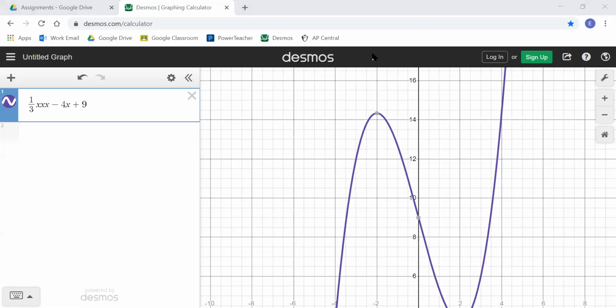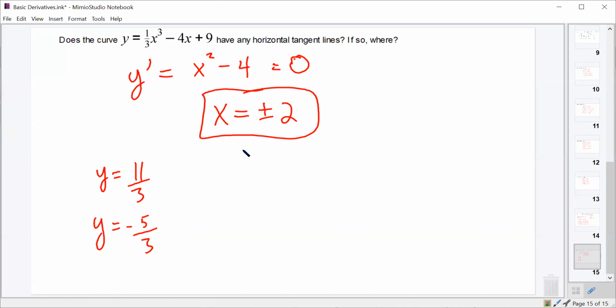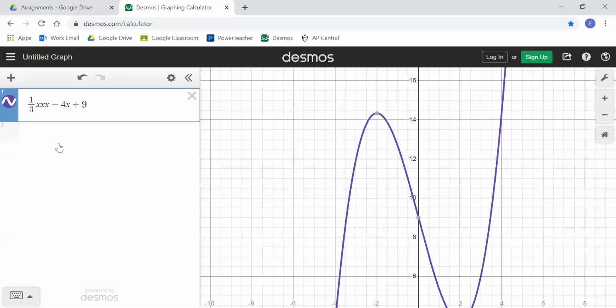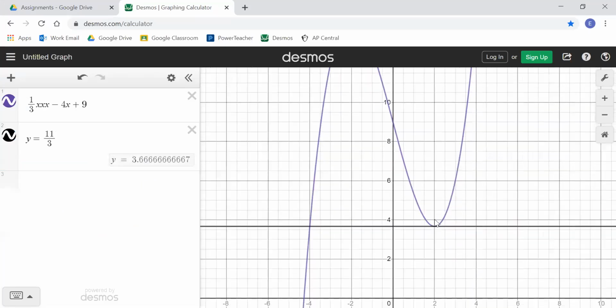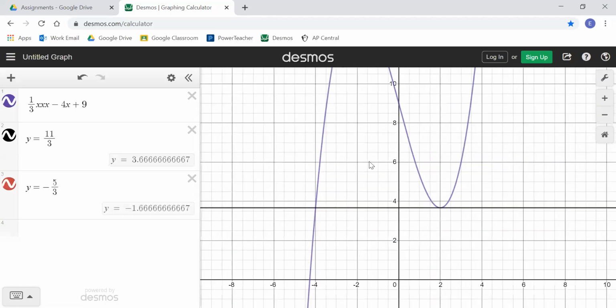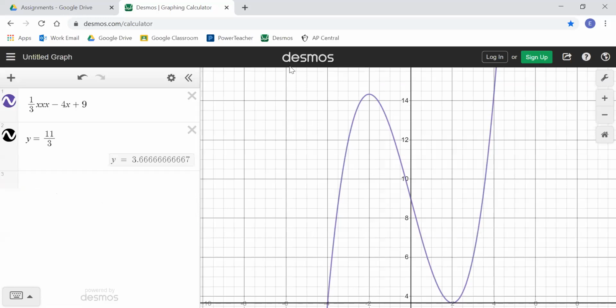So let's take a look and see what happened. 11/3, was that one right? Okay, so 11/3 looks good. That's what you got when you plugged in 2. But negative 5/3 doesn't look like it's going to work, because that's way down here, and we need it to be up here. So we must have made a little arithmetic error there.